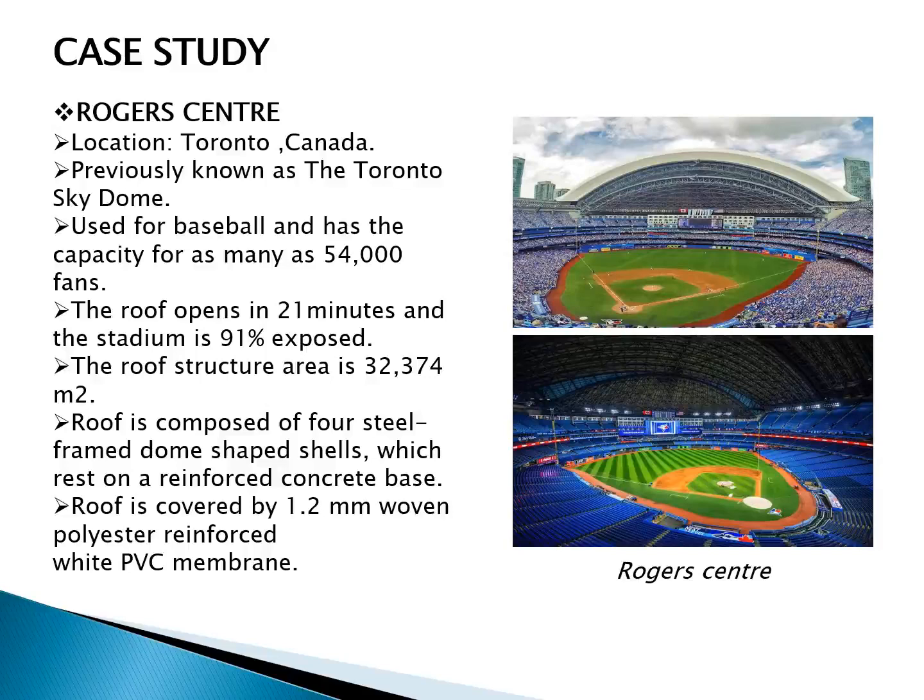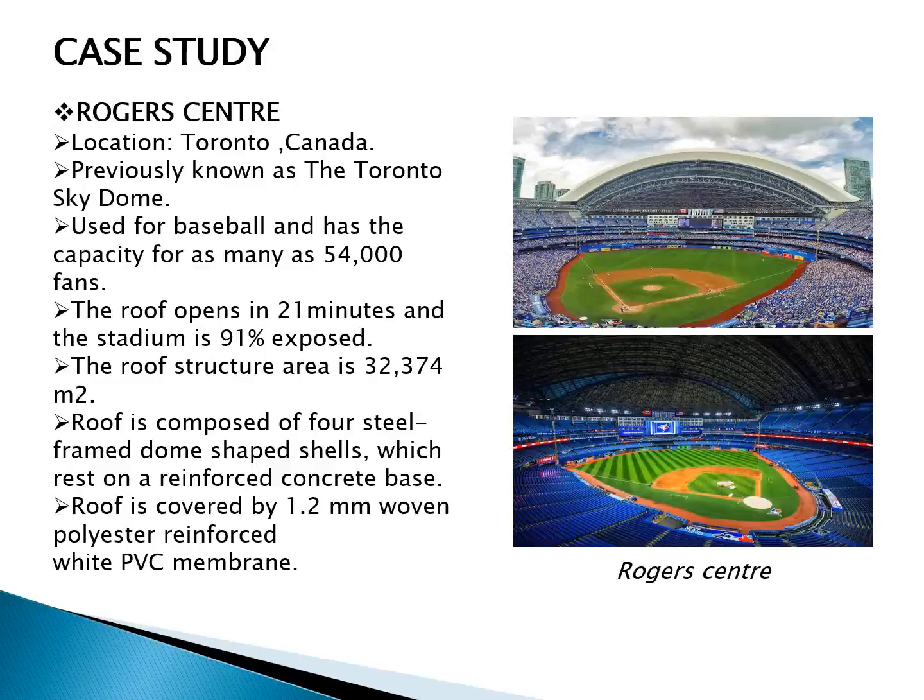Its location is Toronto, Canada, previously known as the Toronto SkyDome, used for basketball and with a capacity of as many as 54,000 fans. The roof opens in 21 minutes and the stadium is 91% exposed.